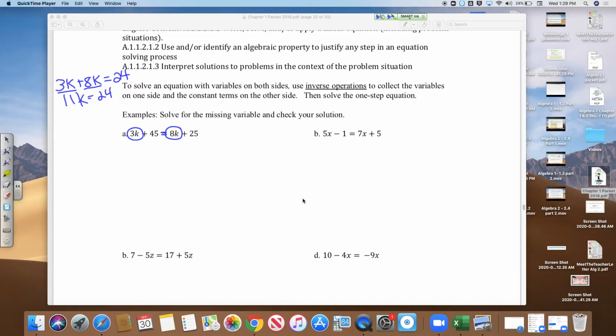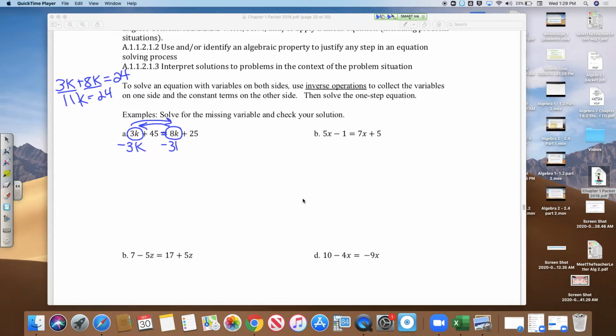To move them all to one side, we have to use inverse operations to move them around. So you have two options. You can either take the 3k and move it over here, or take the 8k and move it over here. Those are your two options. To do that, you would use inverse operations to move it. The opposite of a positive 3k is subtracting 3k.